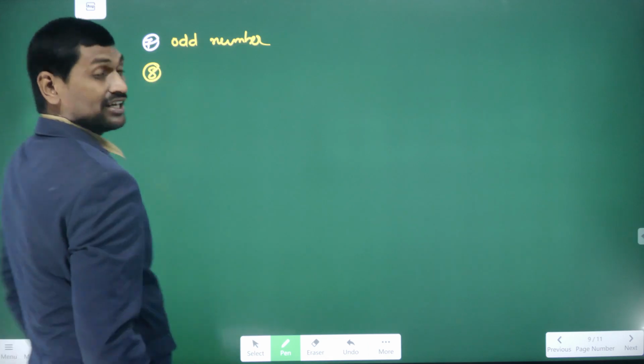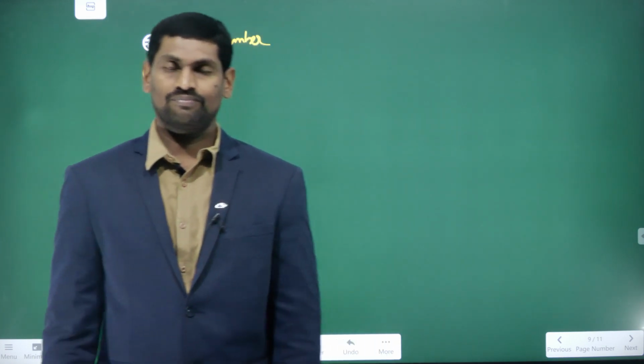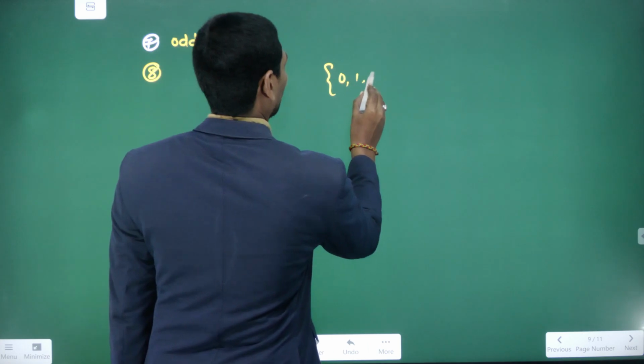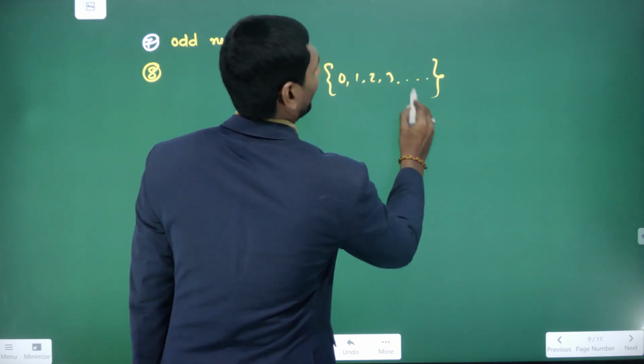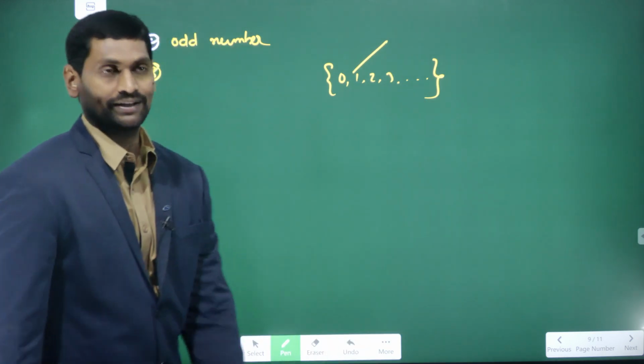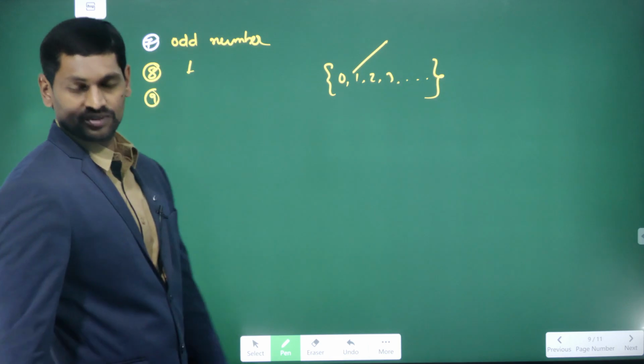Now let us go through question number 8, which is smallest odd number in the set of whole numbers. I am taking the whole numbers like 0, 1, 2, 3 and so on. Smallest odd number is 1.